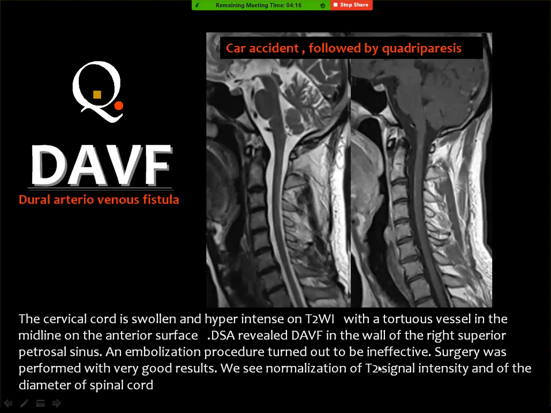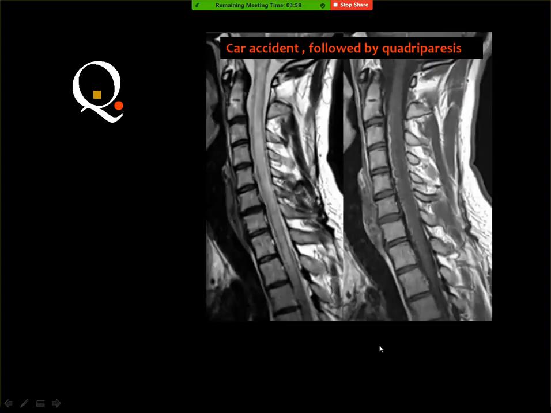Then what happens when you get, after trauma or after surgery or even spontaneous, development of a fistula tract between one of the spinal arteries and the vein? Then what will happen for the cord? The cord will be ischemic. Why?